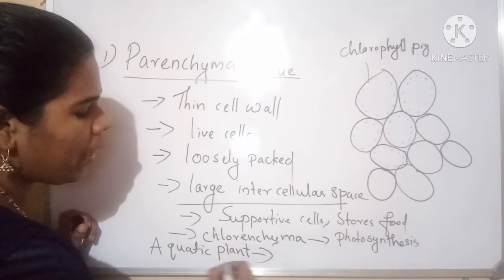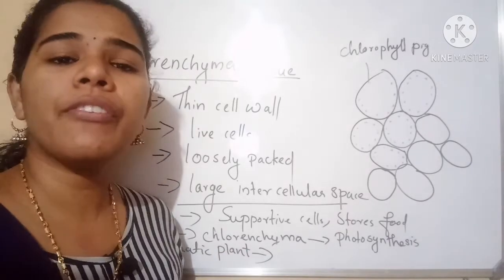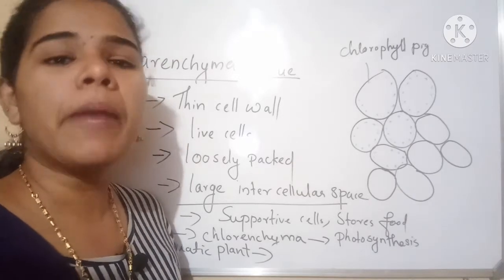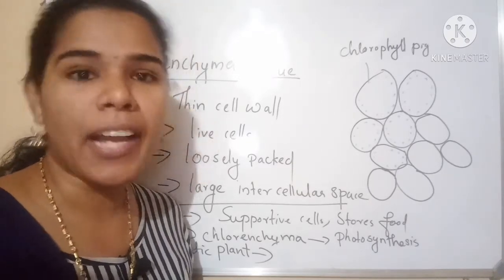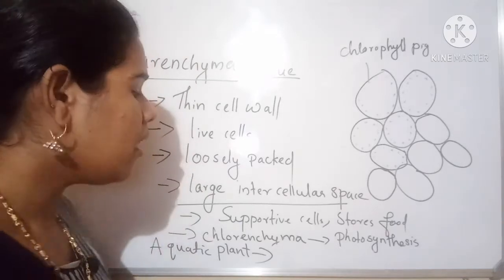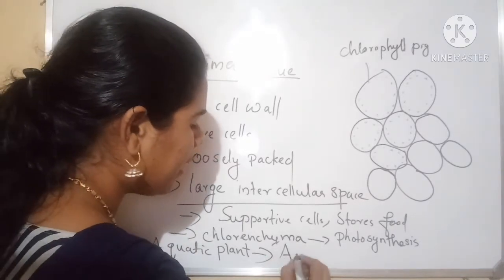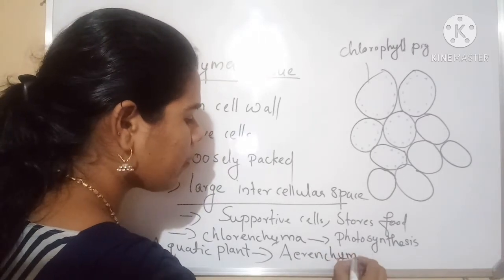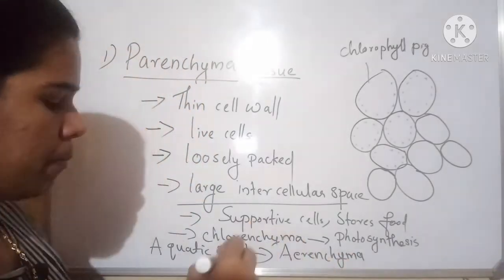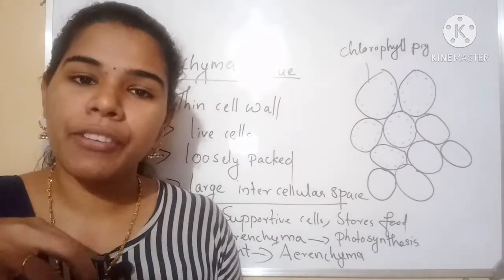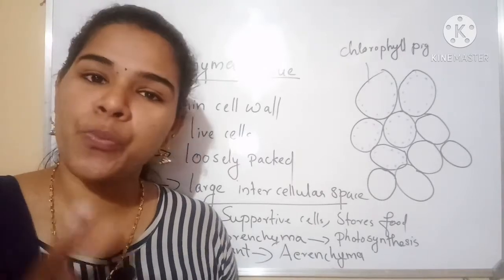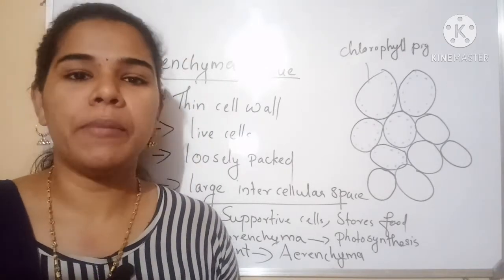This type of parenchyma is called aerenchyma. This is very simple to remember because air filled parenchyma are called aerenchyma, which is present only in aquatic plants.